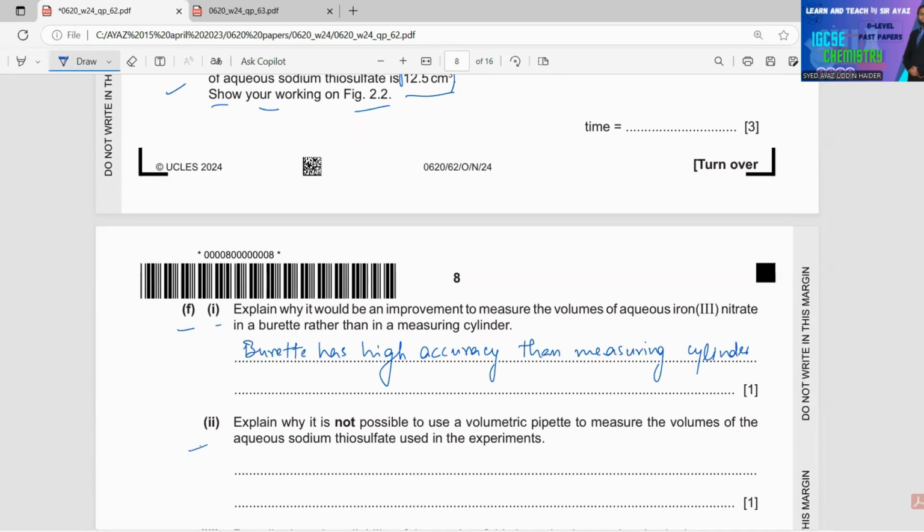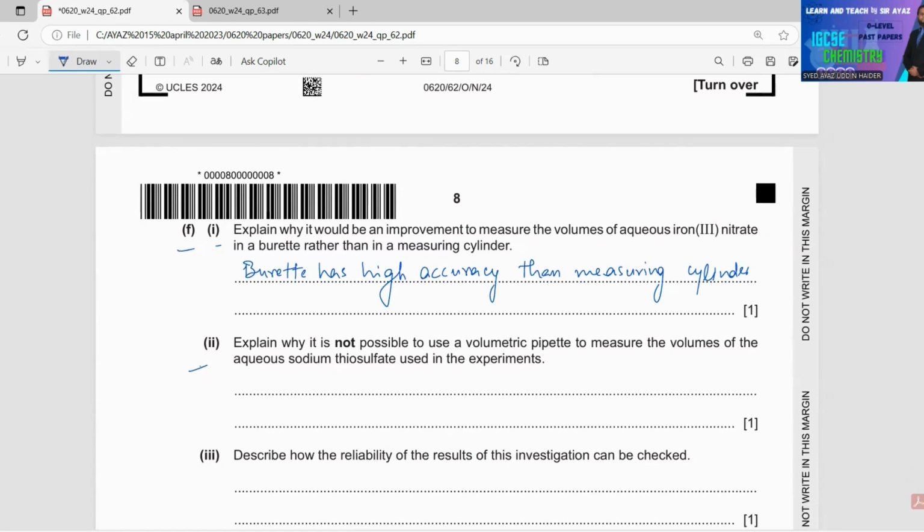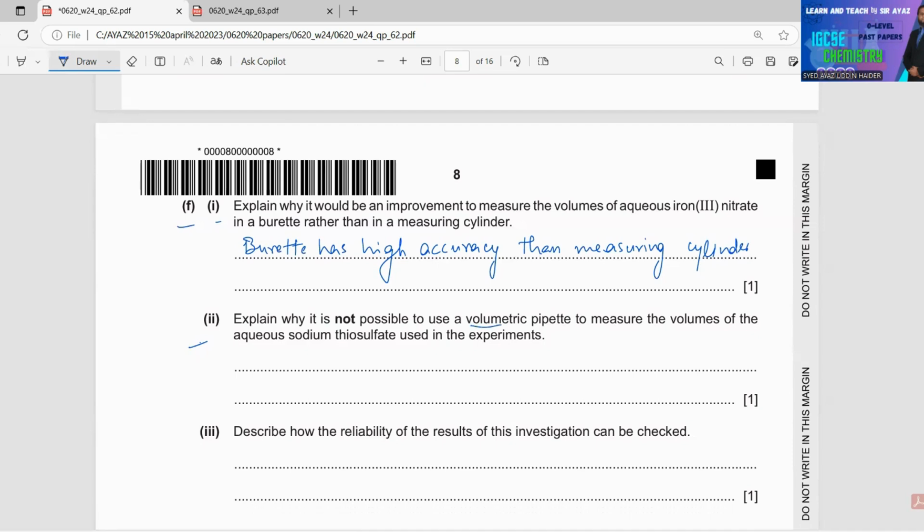Part 2, explain why it's not possible to use a volumetric pipette to measure the volumes of the aqueous sodium thiosulfate used in the experiment. A volumetric pipette is used if you want a fixed volume, but here the volume is not the same in each run. So that's why we can't use a volumetric pipette.